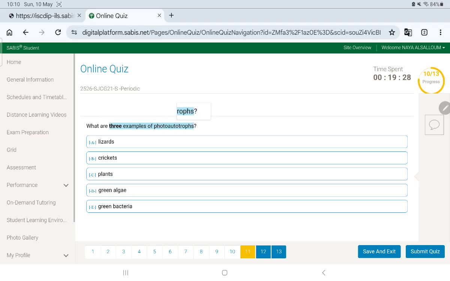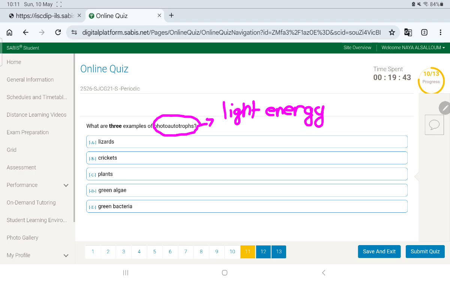What are 3 examples of photoautotrophs? Photo means light, so they get their energy from light energy. Obviously, the type of photoautotrophs that everyone should know is plants. They go through photosynthesis.